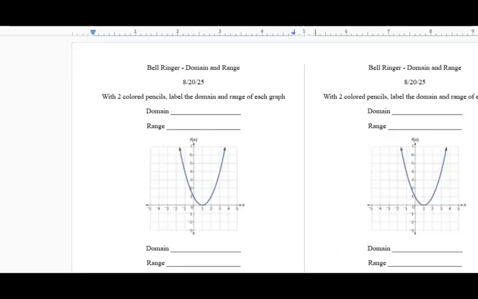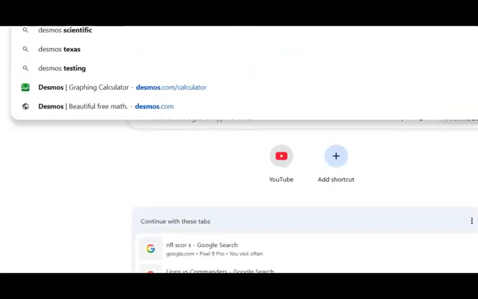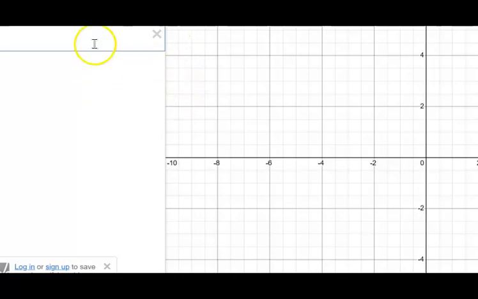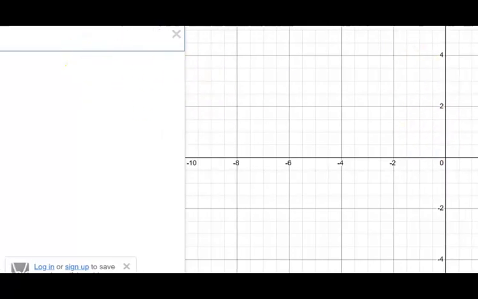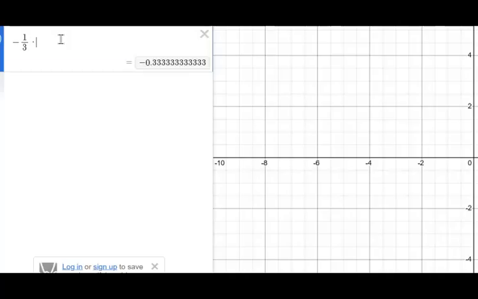For this one, you can use Desmos. Let's type in Desmos for this one. I'm only using Desmos because I don't have a graphing calculator at home. So negative 1/3 times 3 is negative 1.